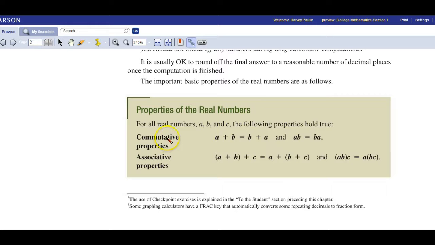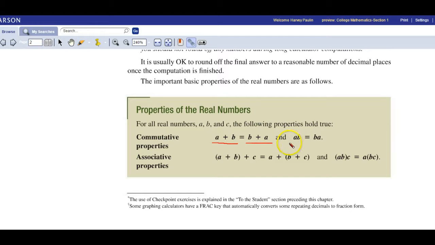So when we look at A plus B equals B plus A, we're just switching around the order. And we're saying that is true, that these are equal.